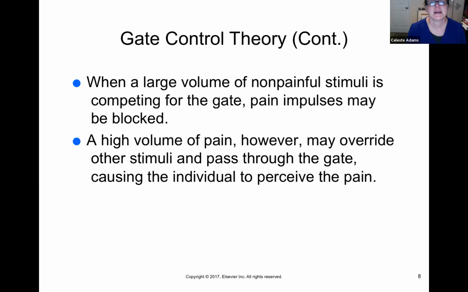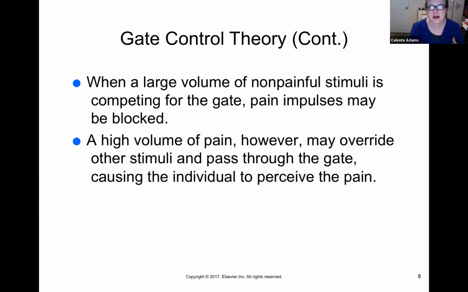All right, so this is adding on to the gate control theory. Okay, when a large volume of non-painful stimuli is competing for the gate, non-painful stimuli will be what I just talked about, that nausea, that itching, paresthesia, numbness, okay?